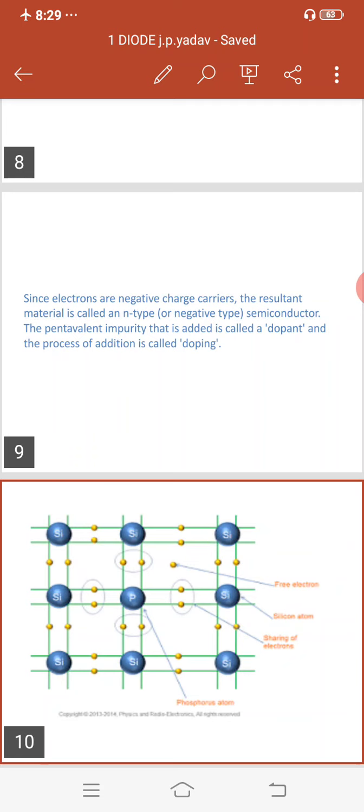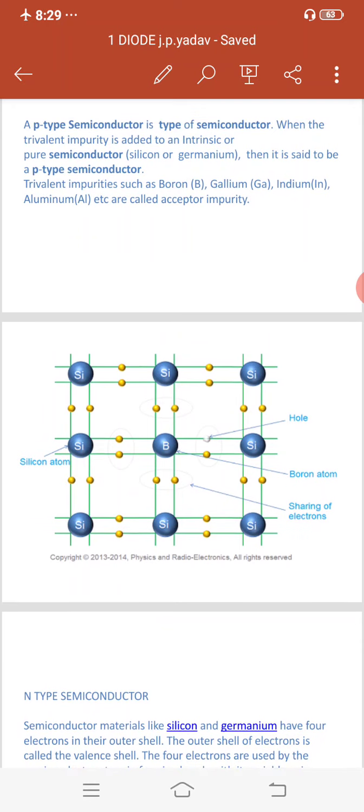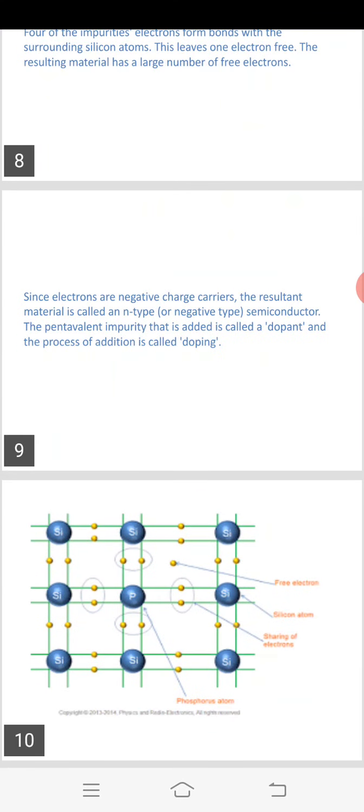So in an N type semiconductor the number of electrons increases, but with trivalent impurities the number of holes increases. In a P type semiconductor the majority charge carriers are holes, and in an N type semiconductor the majority charge carriers are electrons.